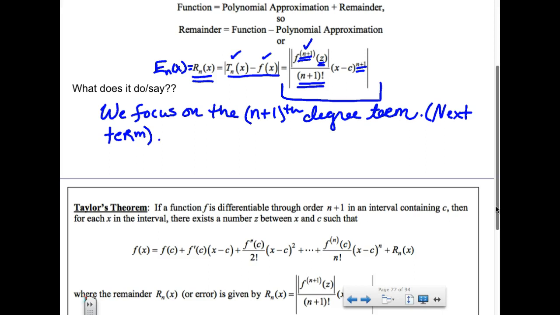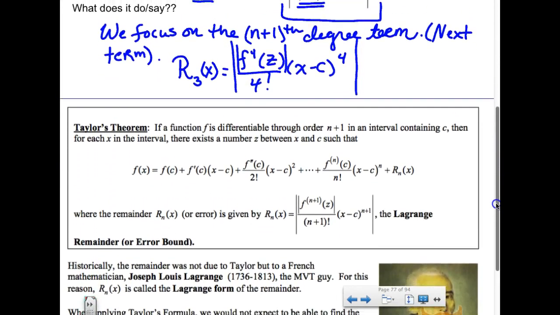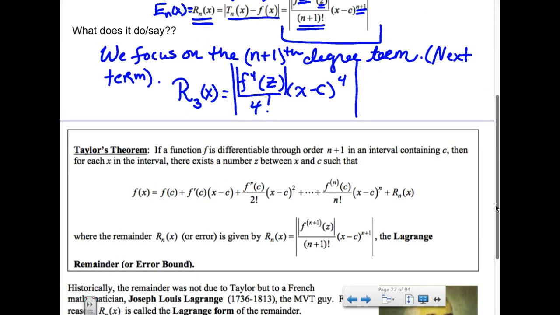It means if I was using a third degree Taylor polynomial to approximate my function f, my error or my remainder after 3 will equal the fourth derivative evaluated somewhere over 4 factorial times x minus the center to the fourth in absolute value. And sometimes you'll see both of that in absolute value. It's really not necessary, but it's good to know you're doing the absolute value of the fourth derivative evaluated at some spot. And that's what we're going to talk about next.